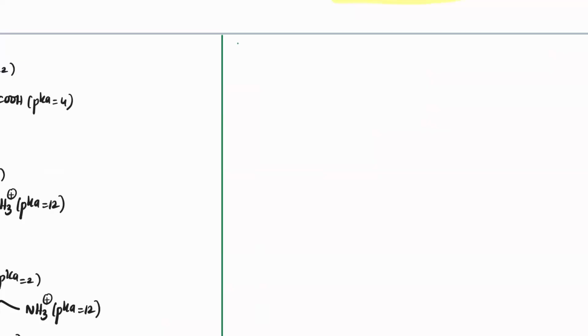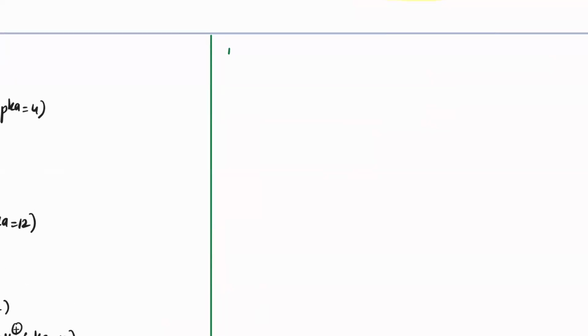Suppose, for example, let me call this a neutral amino acid, NH3 plus CH2 COOH. This is glycine.